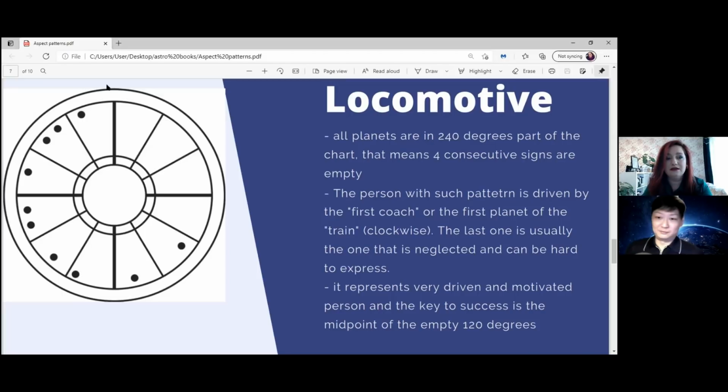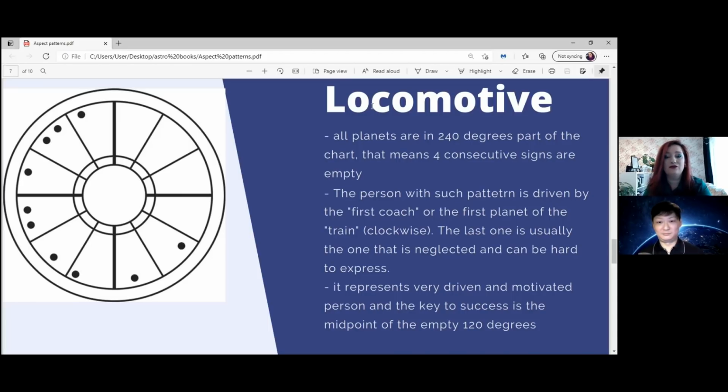And this is the leading planet, the locomotive, and this is the train, and that's the last coach. And again, this is the planet that's suffering, or the person is suffering with the planet at the end. And this is the one dragging all the rest of the planets, and the whole energy is concentrated there and has the strongest impact.